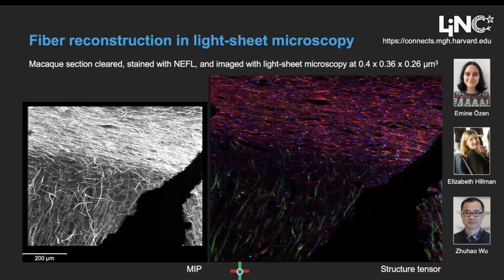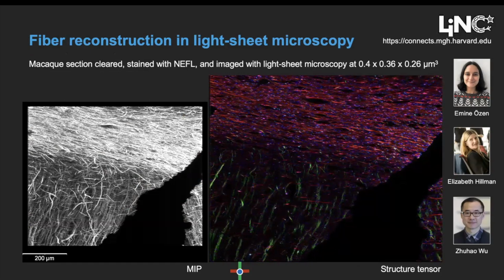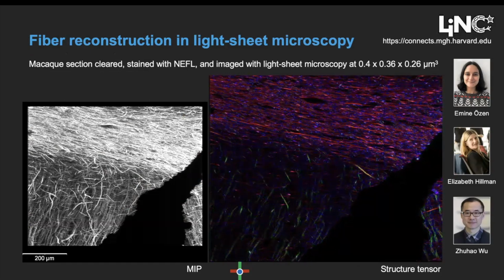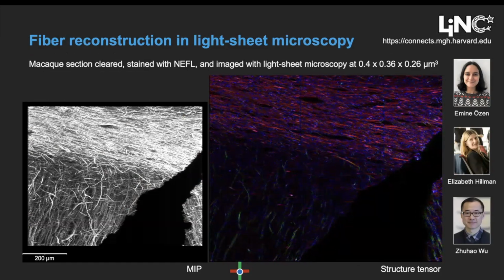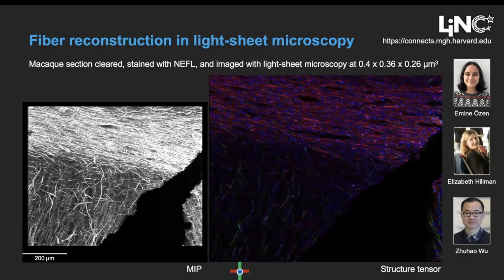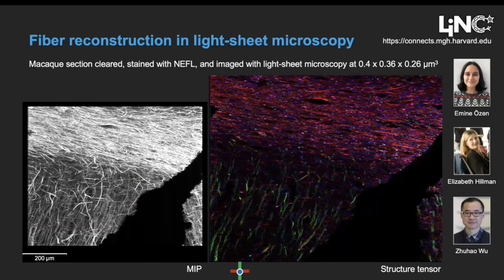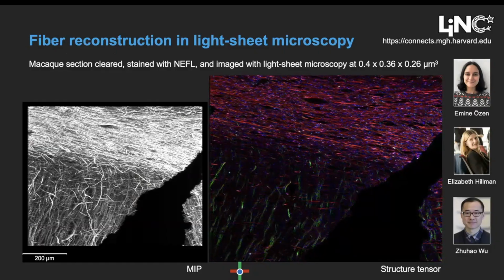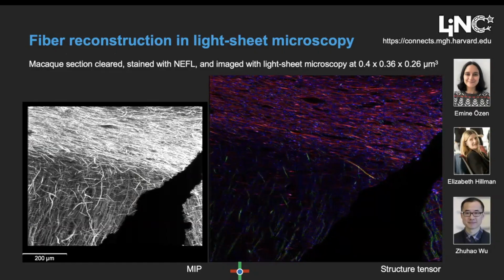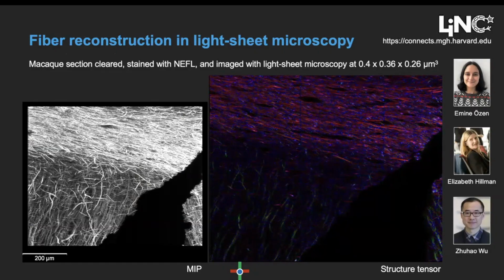And this is just an example of data from one of the axonal markers that we're testing for our project. These were collected by Amina, who's a grad student in Elizabeth's lab, showing our ability to image individual fibers.